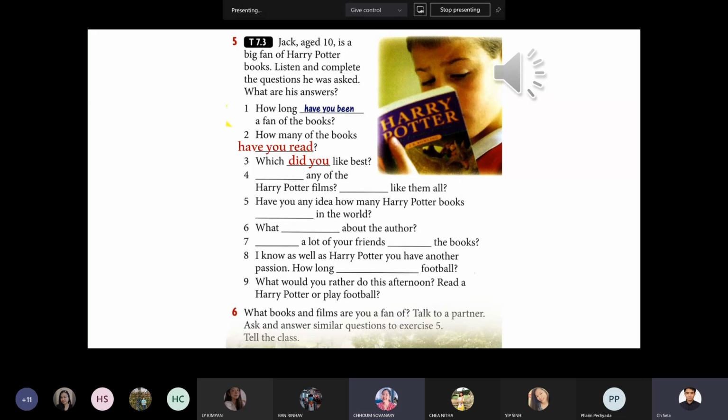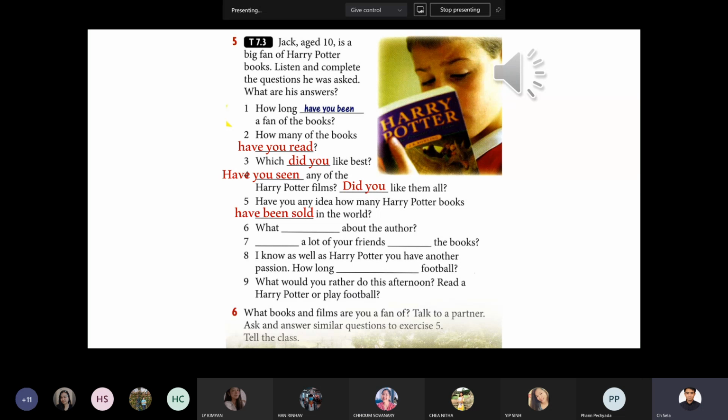Have you seen any of the Harry Potter films? Did you like them all? Number 5: Have you any idea how many Harry Potter books have been sold in the world?